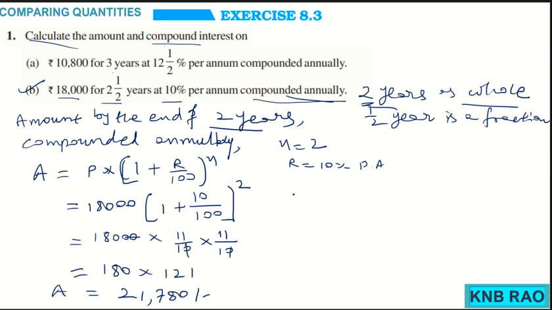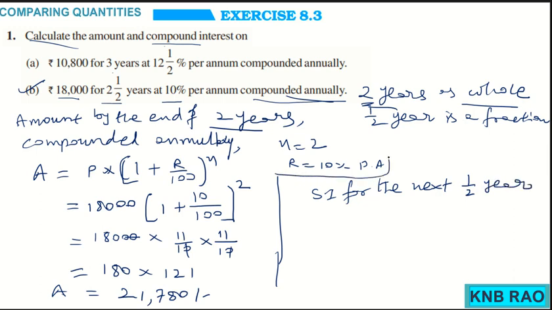Now, for this I will calculate simple interest. Simple interest for the next half year will be calculated on the 21,780 with the same formula PTR by 100.